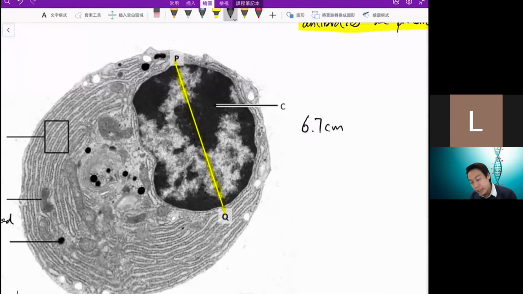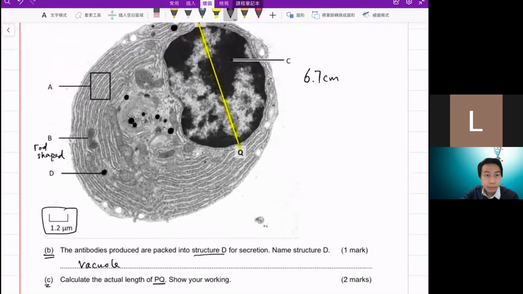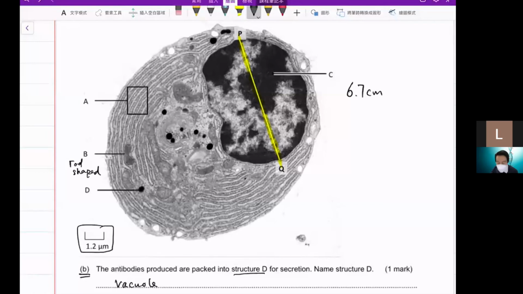Then what is the actual length? After measuring the length of PQ on your test paper, you need to measure the length of the scale. It should be 1 cm.